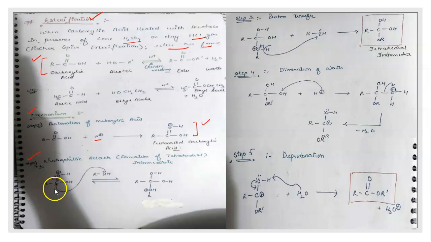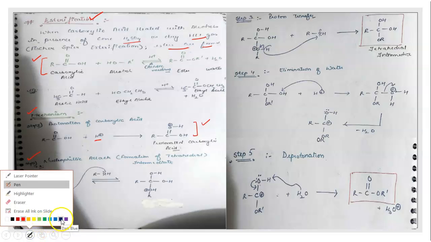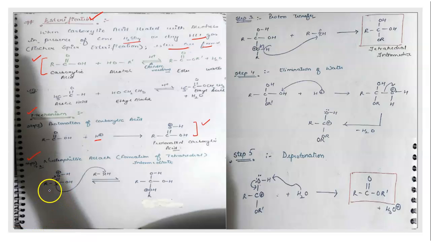So here you can see this protonated carboxylic acid over here, in the second step you can see, let me change the color of the pen. Over here you can see that this alcohol is now acting as a nucleophile, and it is going to attack this particular electrophilic carbon. Now how is it electrophilic? See, oxygen being more electronegative is right now carrying a positive charge, which is why it is unstable.